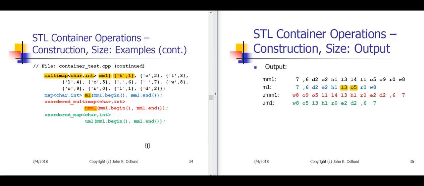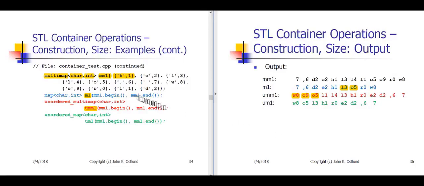For the unordered multimap, the keys are in some seemingly random order, but duplicate keys are allowed. So on my system, when I run this, I happen to get key W value 8 as the first thing displayed. Then I get key O value 9 displayed, followed by key O value 5.